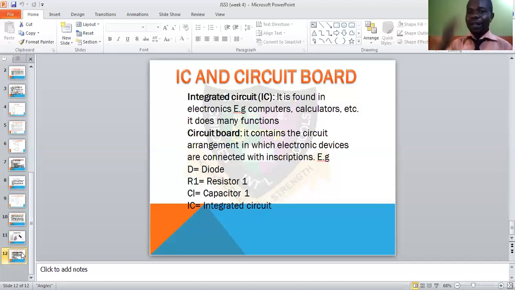Resistors could be 1, 2, 3, 4, and could be of different ohms: 4 ohm, 5 ohm, 2 ohm, as the case may be. Then C1 means capacitor 1. Then IC means integrated circuit. This is where it should be placed. That's what we mean by circuit board. It contains them with different inscriptions, the way they should be placed.